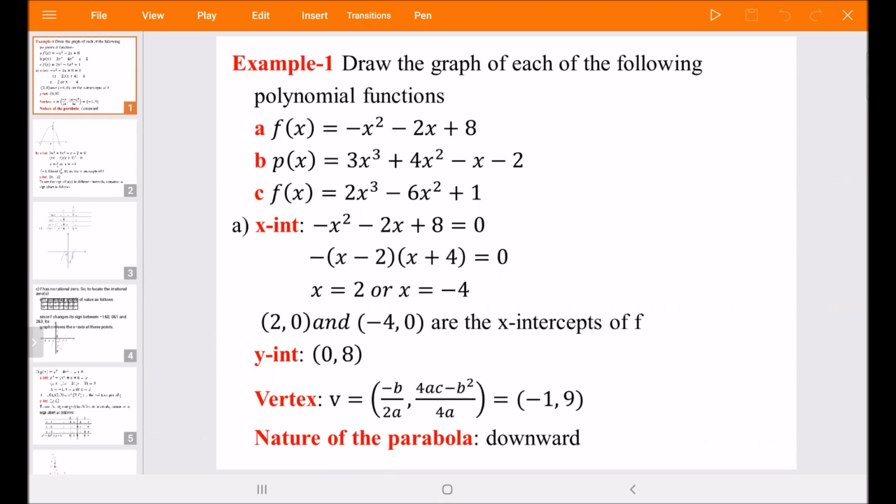That means where f of x is negative and where f of x is positive, and this kind of information is obtained from the sign chart we construct.